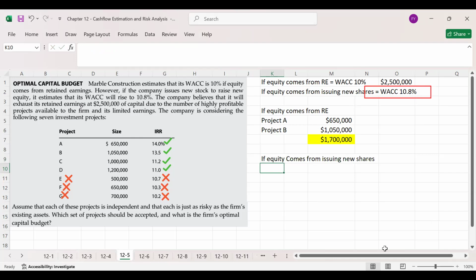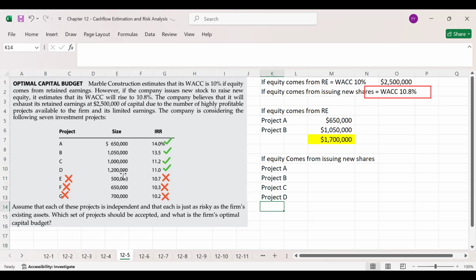So in this case, you can see that we have project A, then project B, then project C, and then project D.